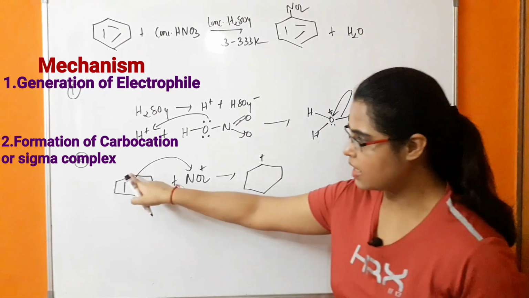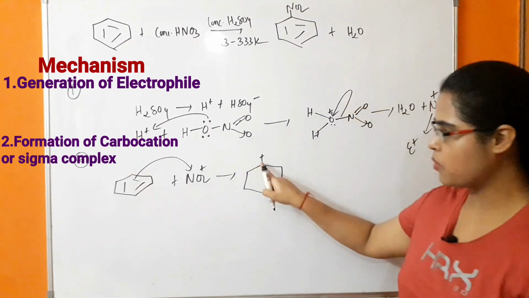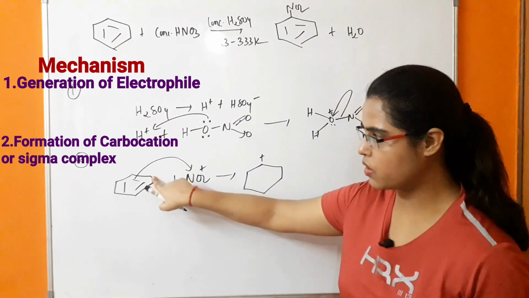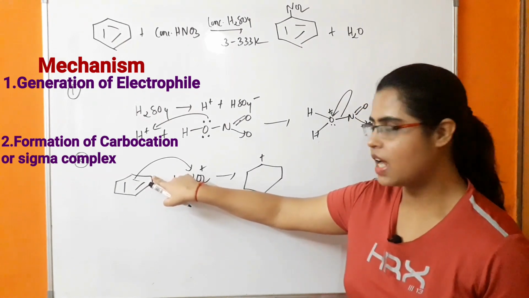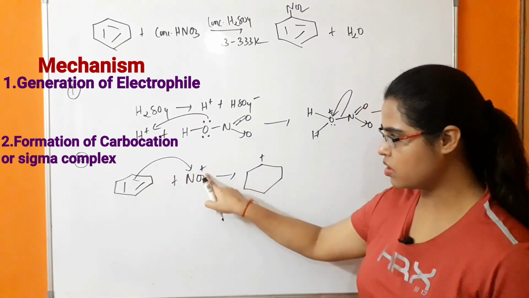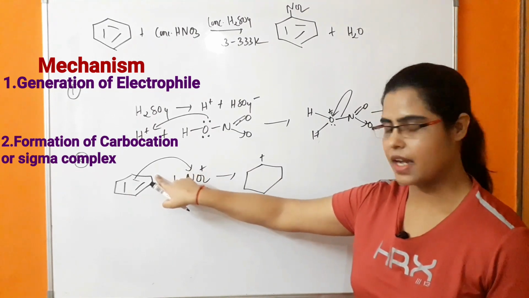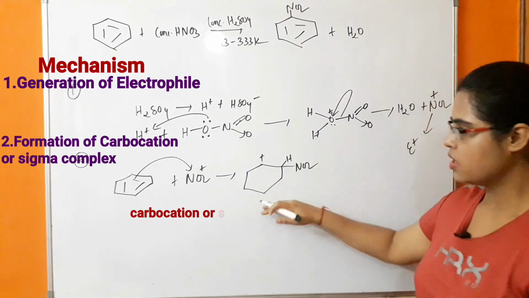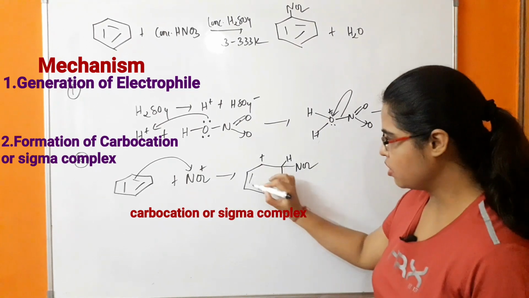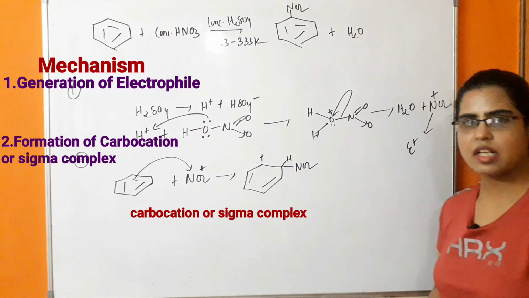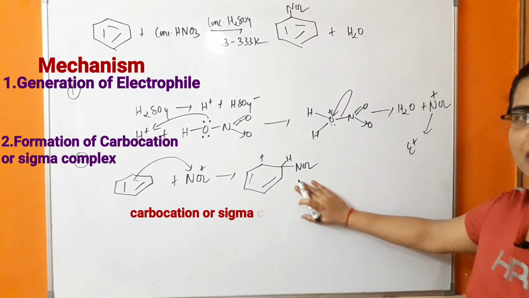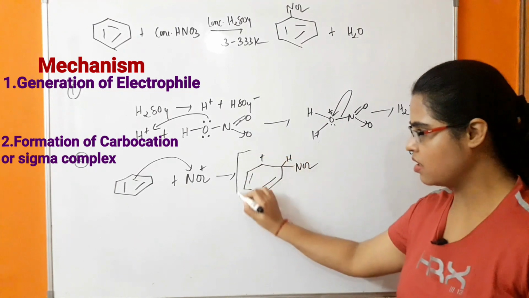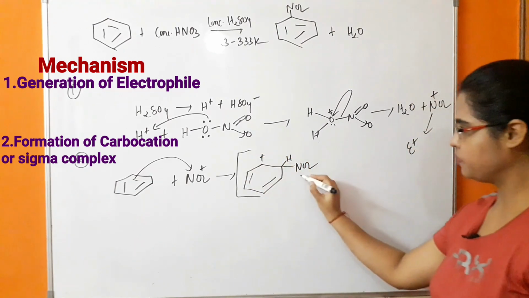At this position of the benzene, there will be positive charge because this bond will be shifted towards this carbon. Because of that, there will be negative charge, and at this negative charge, this NO2 plus will attack. So there is formation of this sigma complex, in which 2 pi bonds are left. So this is the sigma complex or carbocation, and this sigma complex is resonance stabilized.